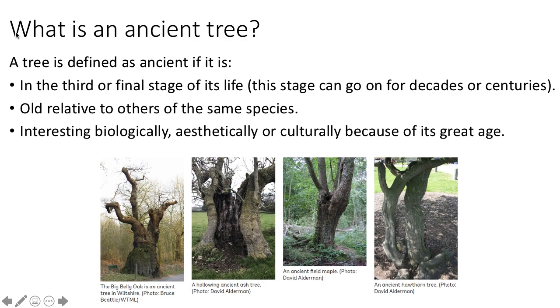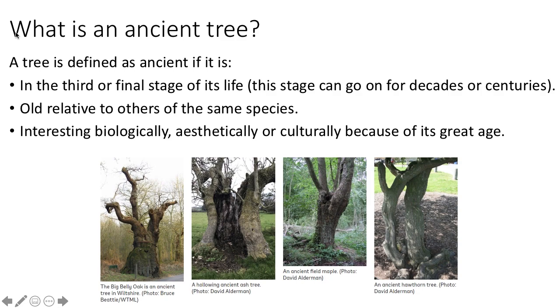Some species can live longer than others. So, for example, yew trees, oak trees, and sweet chestnut trees can all actually live for over 1,000 years. And some other species, including birch and willow trees, live shorter lives. So the key part for this is that it's in its third or final stage of its life.